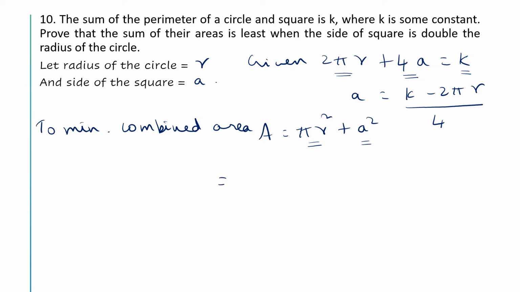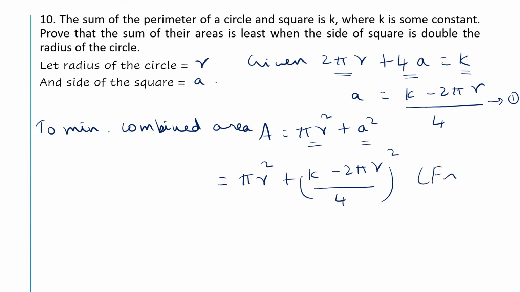Or this is equal to pi r square plus a square. Let us mark this as equation 1. a is equal to k minus 2 pi r by 4. Substituting it here, we have k minus 2 pi r by 4 the whole square from 1.